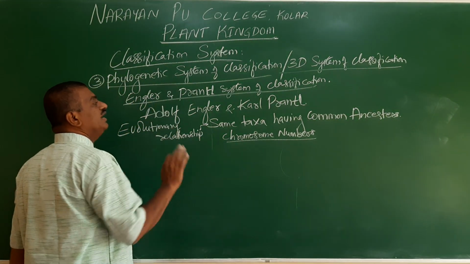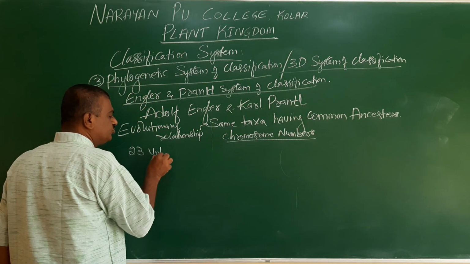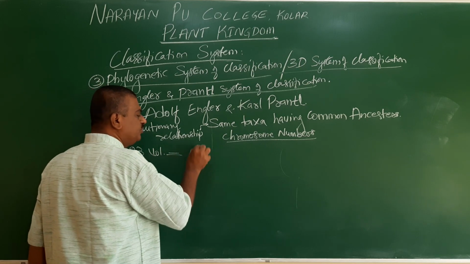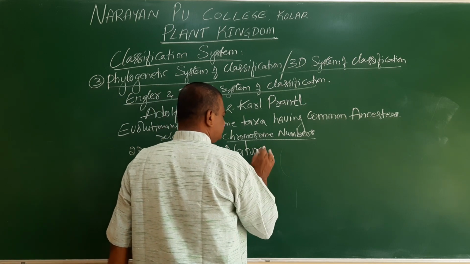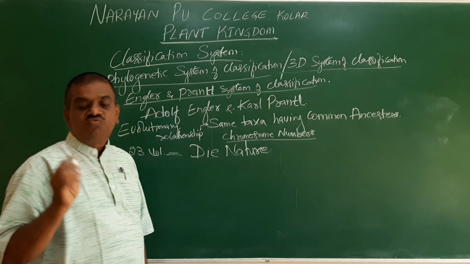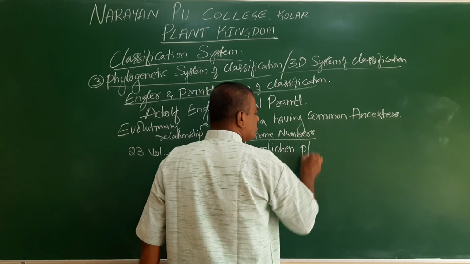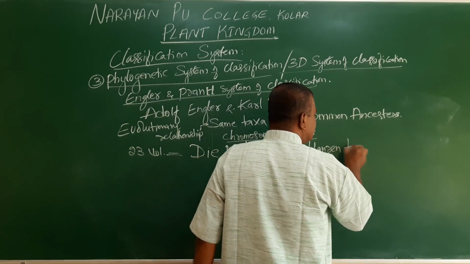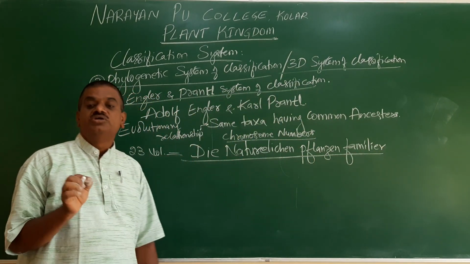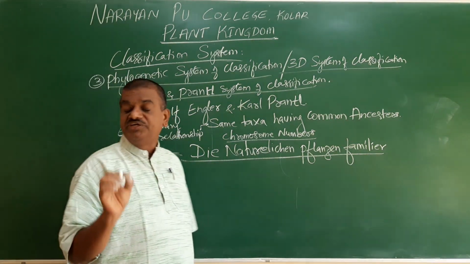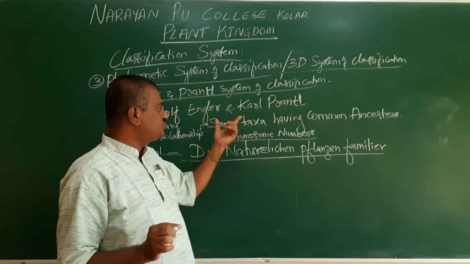Engler and Prantl wrote a 23 volumes book, and the name of the book is Die Natürlichen Pflanzenfamilien. This is the title of the book written by Engler and Prantl, who classified based on evolutionary history.